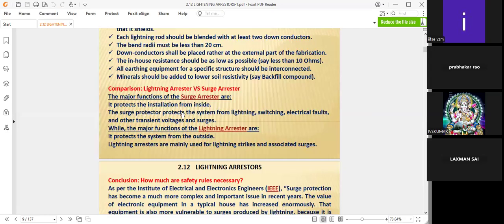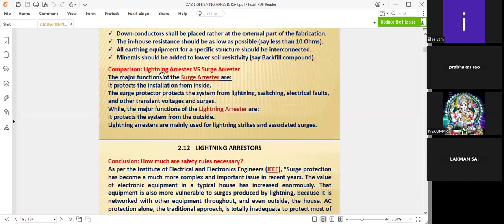Surge protectors protect the system from lightning, switching, electrical faults, and other transient voltage surges. So not only switching and electrical faults, but lightning also is taken care of by surge arresters. This is what the scientists want to explain: either go for lightning arresters or surge arresters.